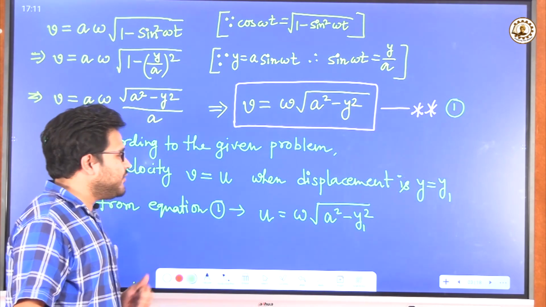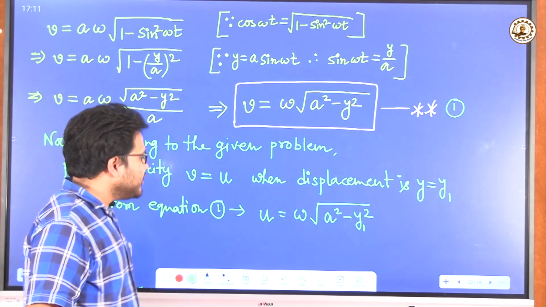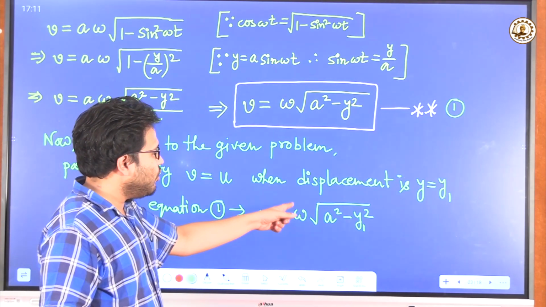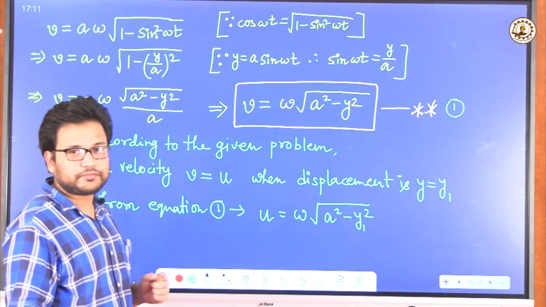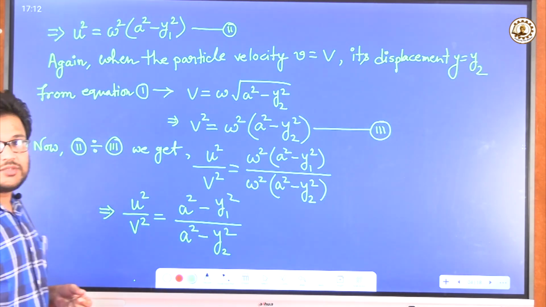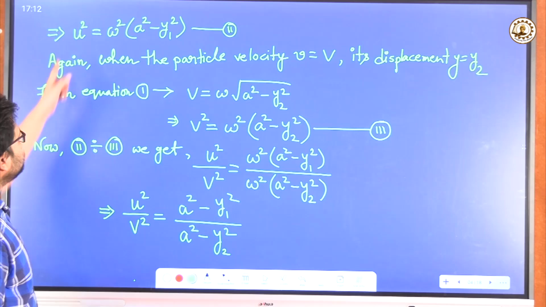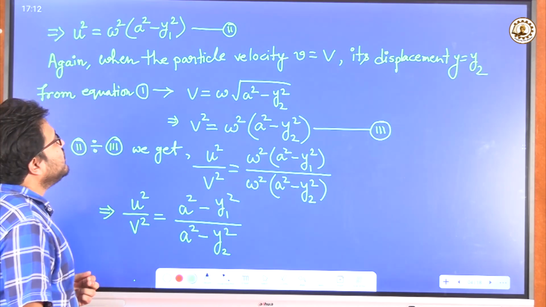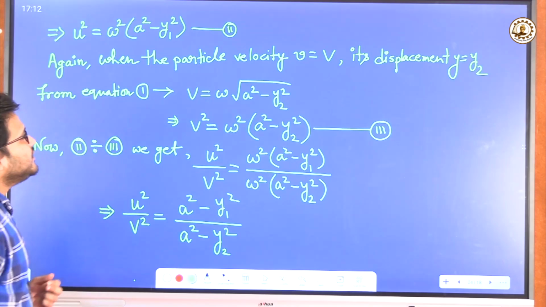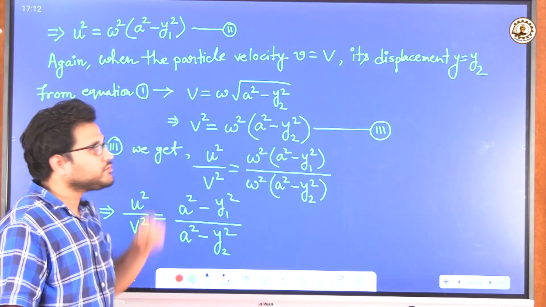So u equals omega root under a square minus y1 square. Taking squares on both sides, we get u square equals omega square into (a square minus y1 square). This is our equation number 2.